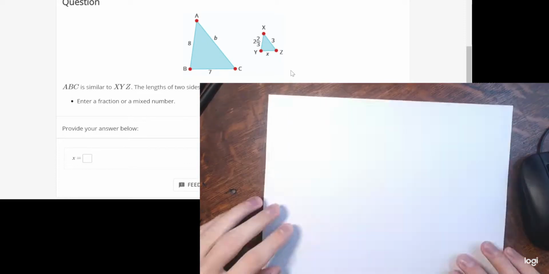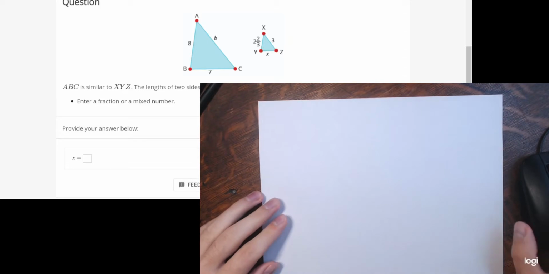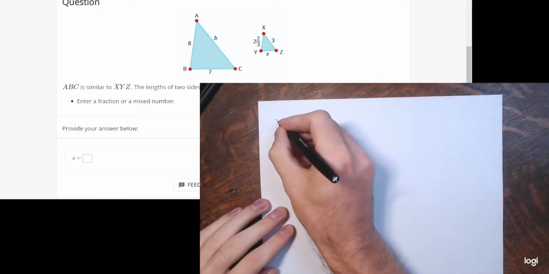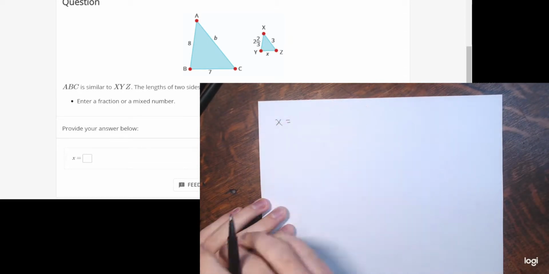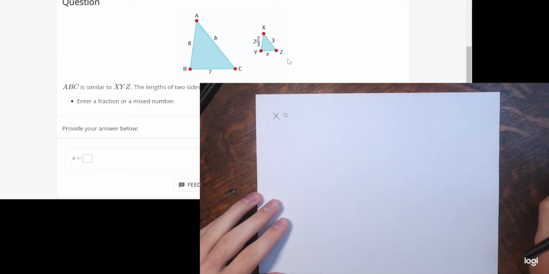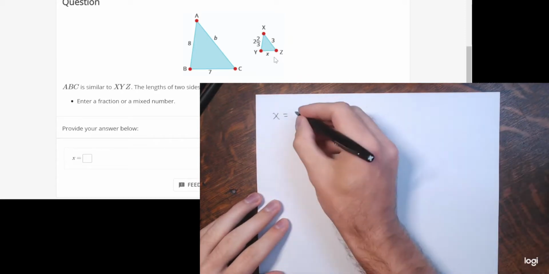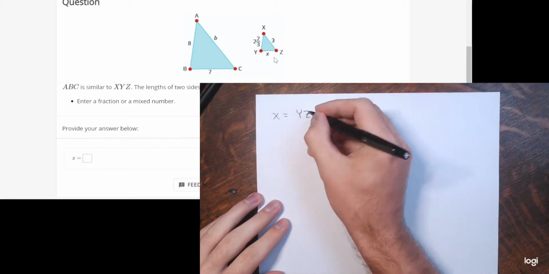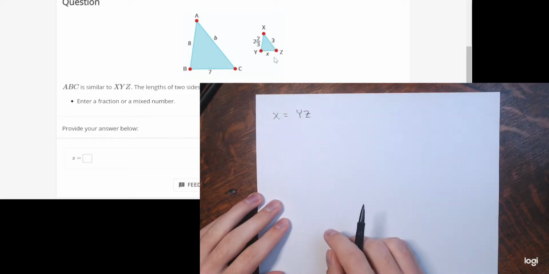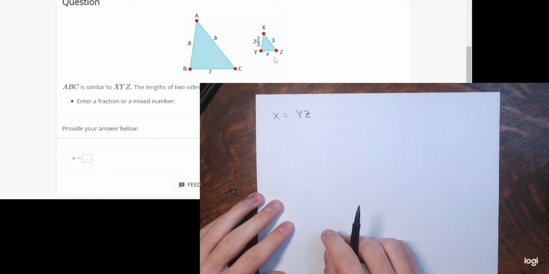Now little x, they're asking us to find little x. And little x in this picture is the length of YZ in the smaller triangle on the right. That's the length of YZ. I know this might be confusing. There's a little x and a big X. I'm going to try to make them distinguishable.